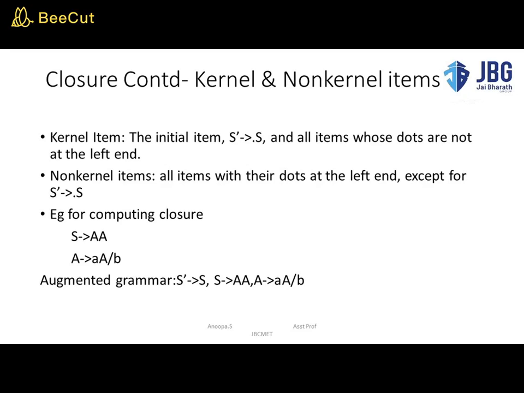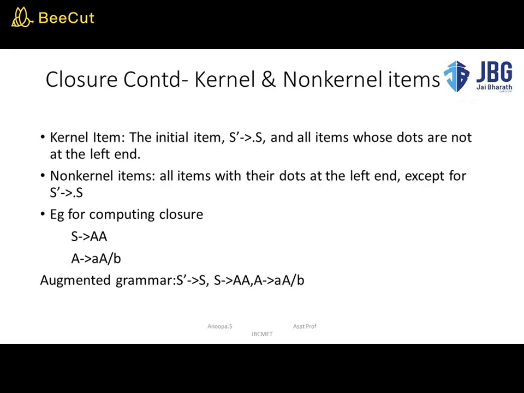So set of items is I. Then how can we compute the closure? Add every item in I to closure of I. Okay, so if we want to compute closure of I, then we have to add every item of I in closure of I. That is the first step.